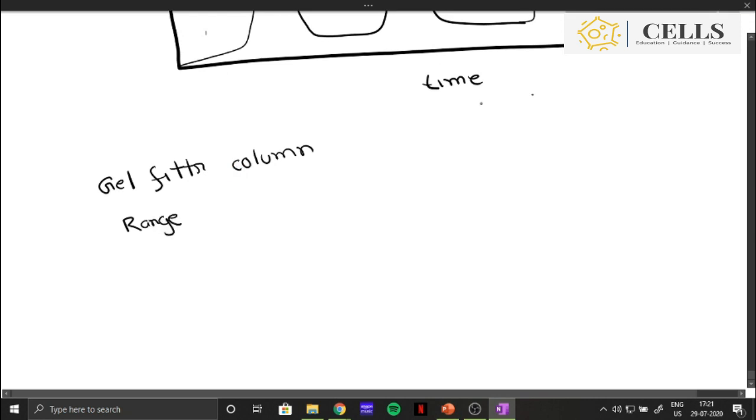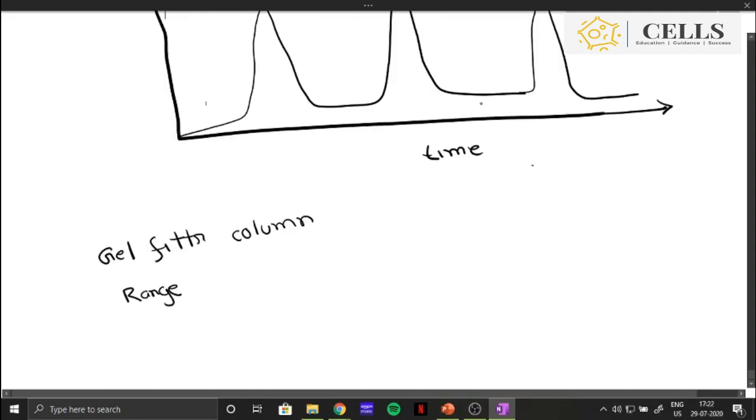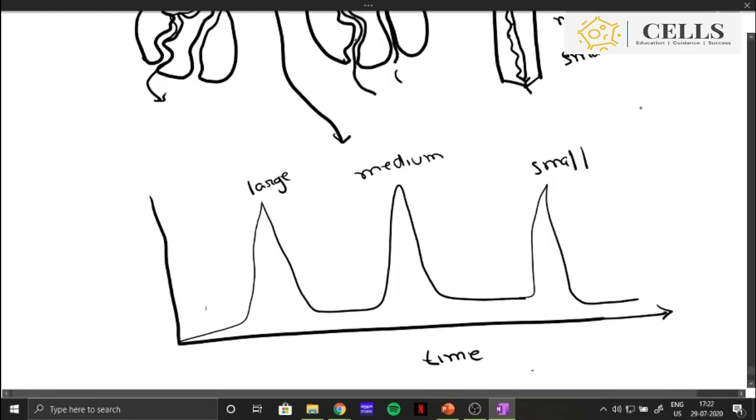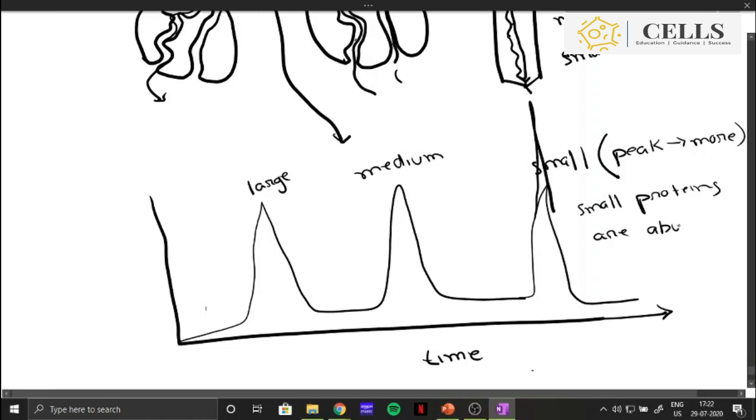Okay, so one more thing is that the peak size will be more. The peak will be more because small proteins are abundant.